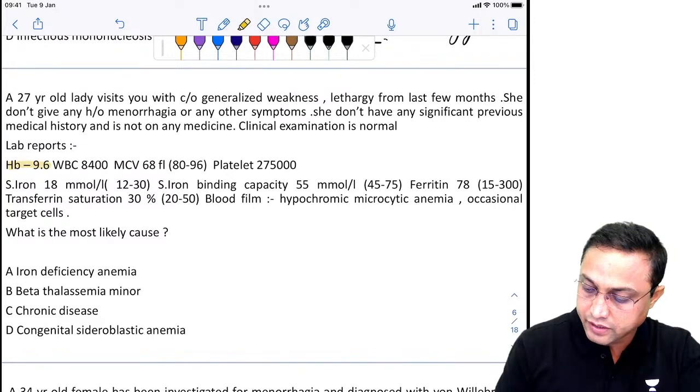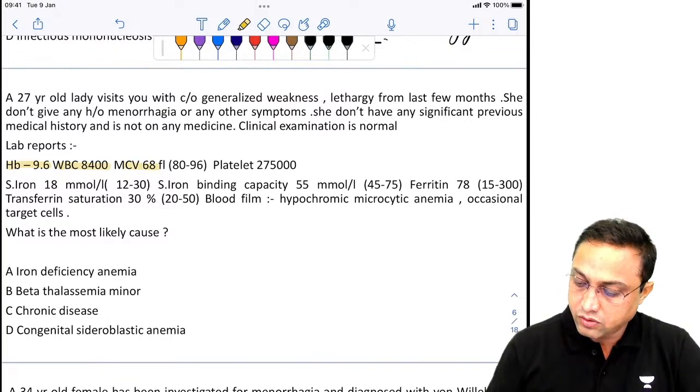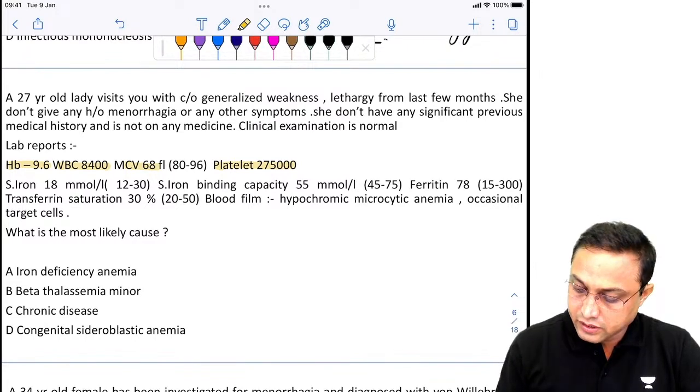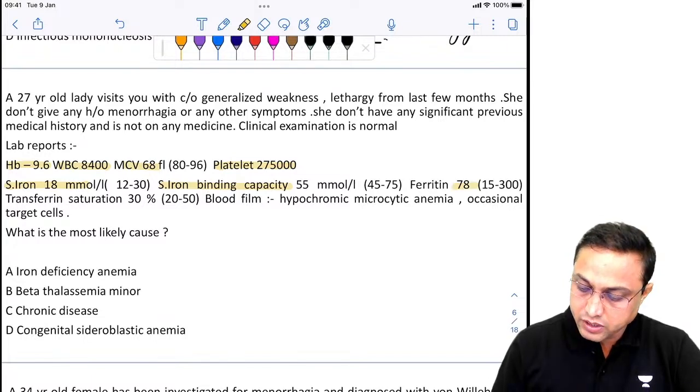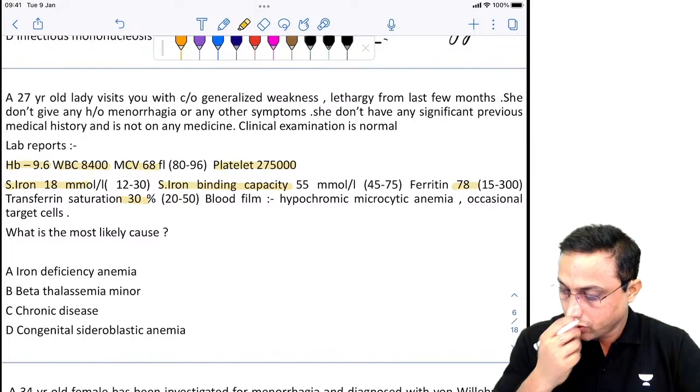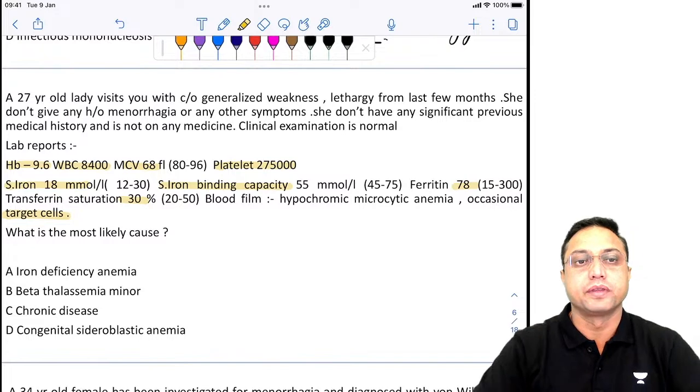WBC count is 8400, MCV is on a lower side, platelet count is on a normal side, serum iron is normal, iron binding capacity is also normal, ferritin is 78, okay, normal, transferrin saturation is 30%, blood film hypochromic microcytic anemia, occasional target cells. This is the clue.